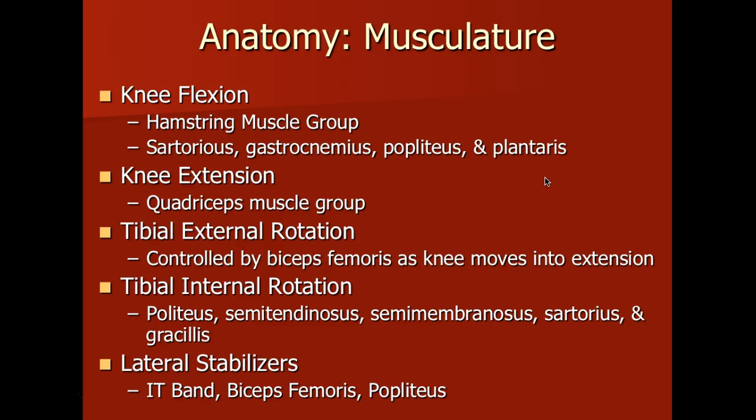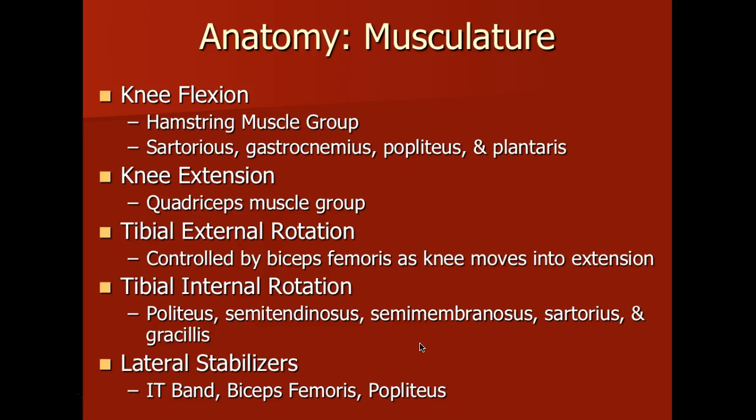is obviously see if you can improve range of motion if they're lacking any. And then the next thing would be to start strengthening. So where do you start strengthening? Well, here are some muscle groups that you would start with: hamstrings, quads, and then also lateral stabilizers. You want to do this in a progressive way, so you want to start very basic and then move into more dynamic movements.